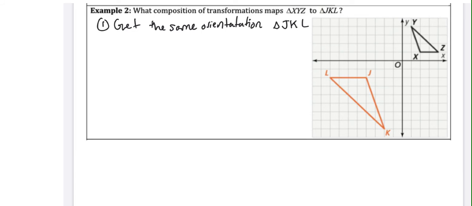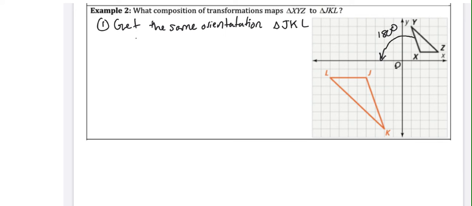So we want it to point in the same direction, where J is on the top right, K is on the bottom right, and L is on the top left. So what can we do to do that? Well, we can take this original image and rotate it 180 degrees. That will put us somewhere in this quadrant here.